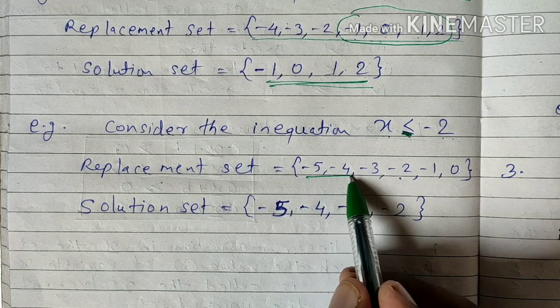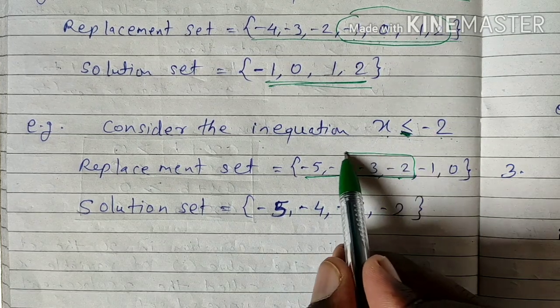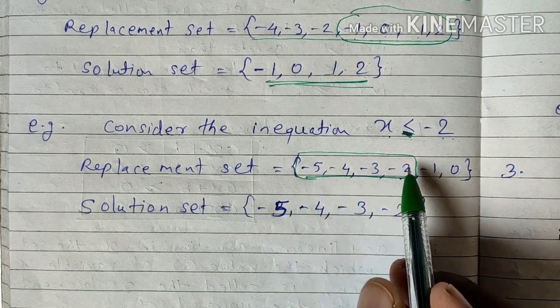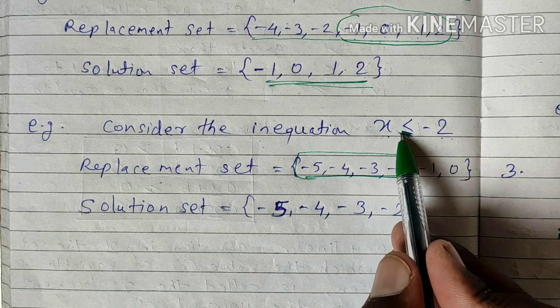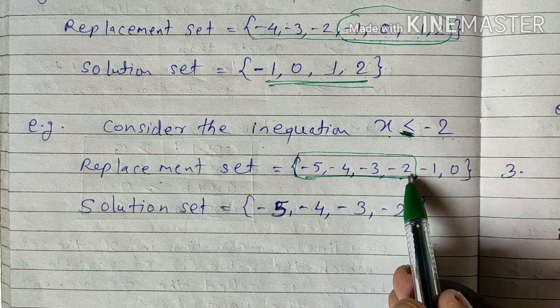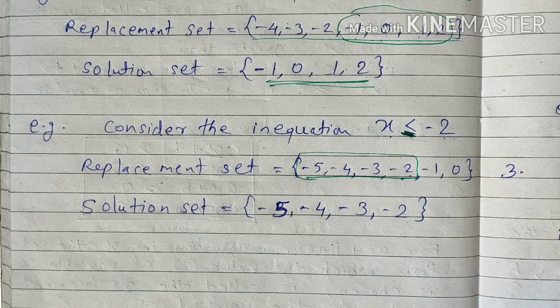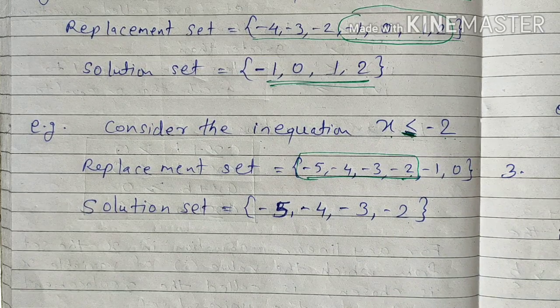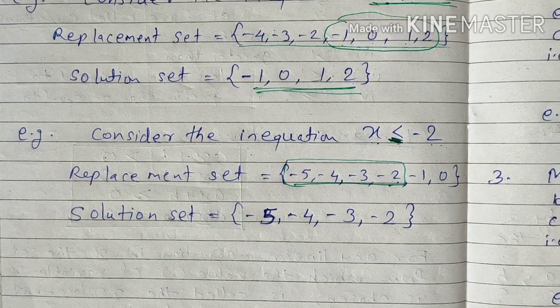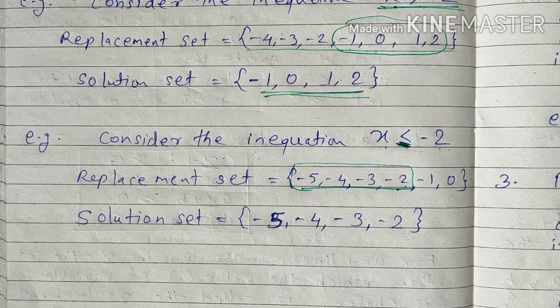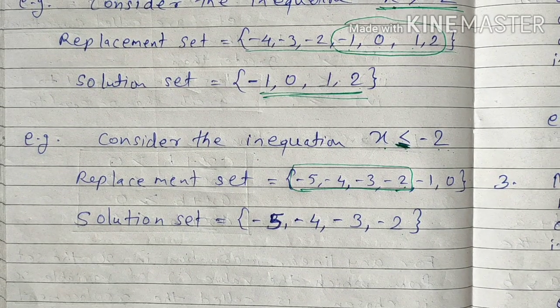So less than or equal to minus 2 means these are the elements which are less than minus 2, and since here is the equal to sign, we have to include minus 2 also in our solution set. Got it?